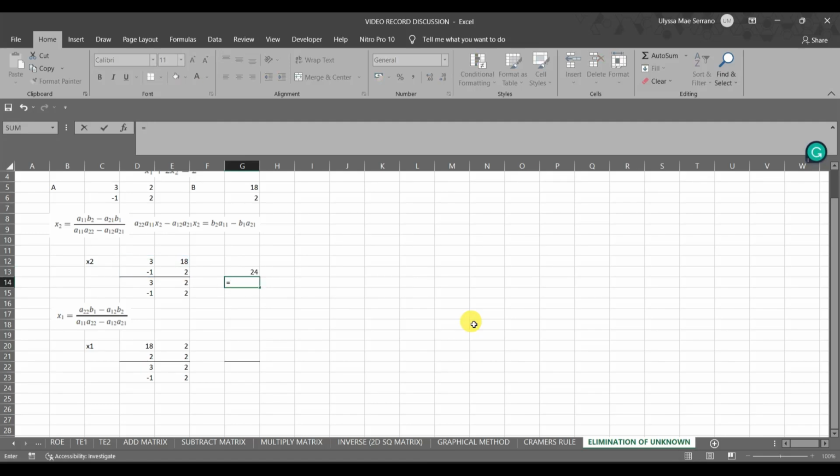So, we have 24 for the numerator. So, MDETERM. For the denominator, we also have here MDETERM.